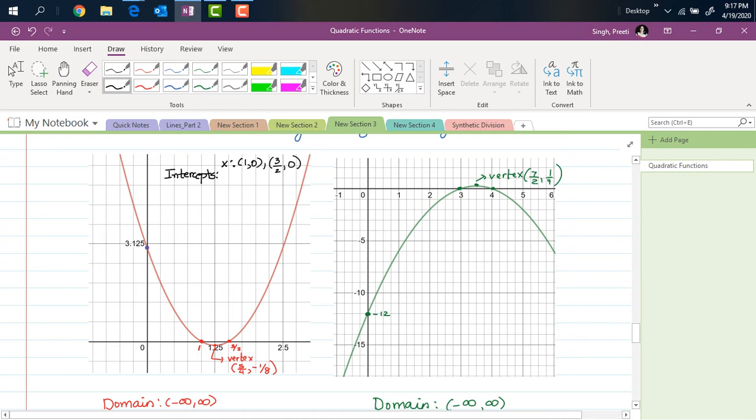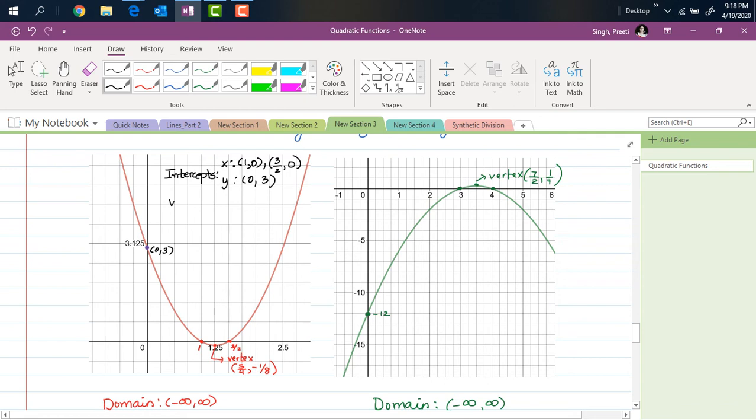This is my 3/2, 0, and right here is my 1, 0. What was my y-intercept? My y-intercept was 0, 3. It's not 3.25, it's 3. 3.25 is actually that particular line over there. So the blue dot right here is 0, comma 3.